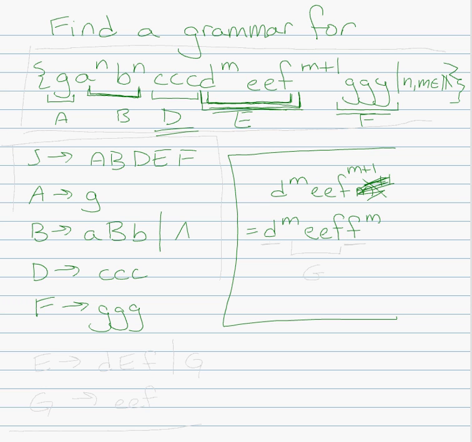And it's useful to have the number of d's and f's be the same, because then we can grow it out again. So what letter were we using? We're using E for that.